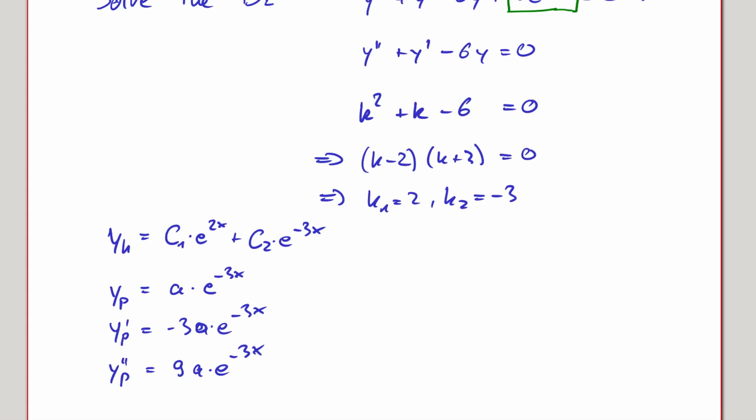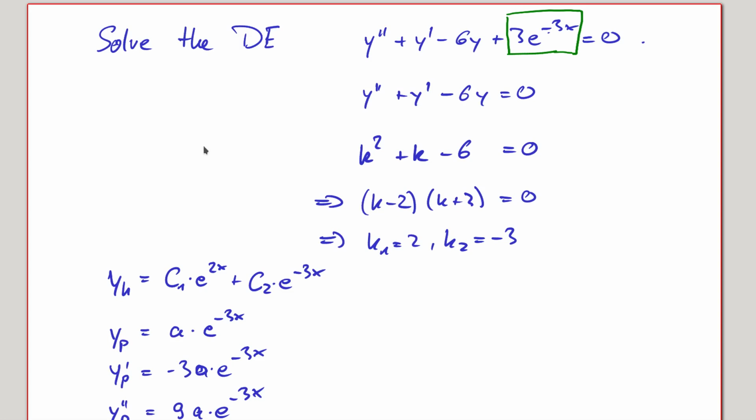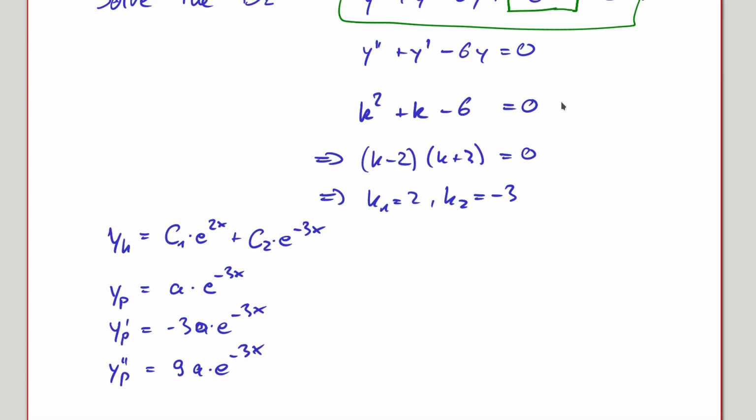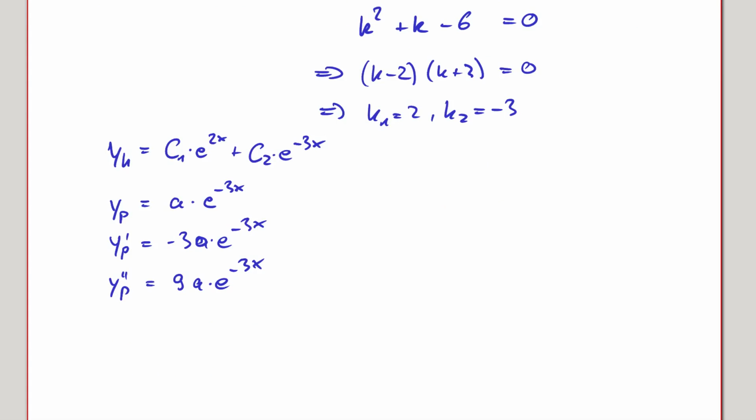Our differential equation is over here. We plug it in and see what is a good value for a. So we have y double prime plus y prime minus 6y has to be minus 3 times e to the power of minus 3x.